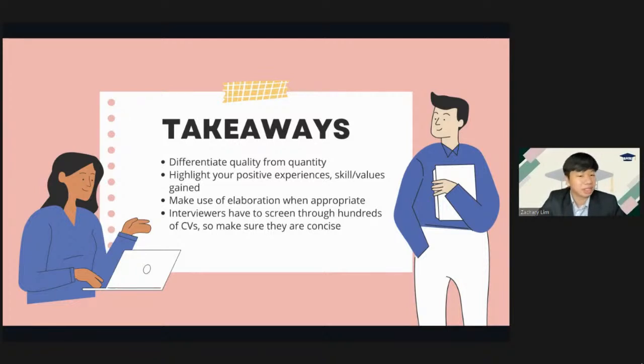Like I mentioned earlier, if something is really self-explanatory, you don't need to waste your CV space explaining it again. But if there is a very vague activity that you have, try to explain a bit more.